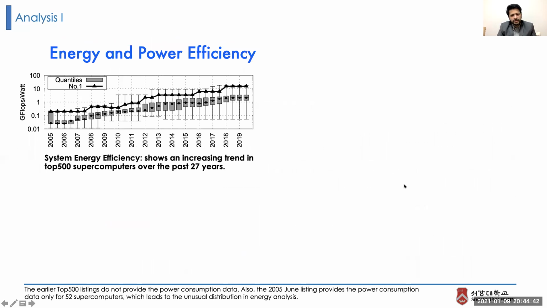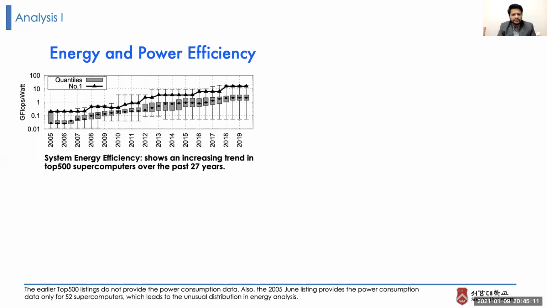Another important metric in evaluating system performance is energy efficiency, which is often measured in flops per watt. We clearly observe an increasing trend in energy efficiency in supercomputers starting from 2005. One thing to mention here is that we started our analysis from 2005, as earlier Top500 listings do not provide power consumption data.